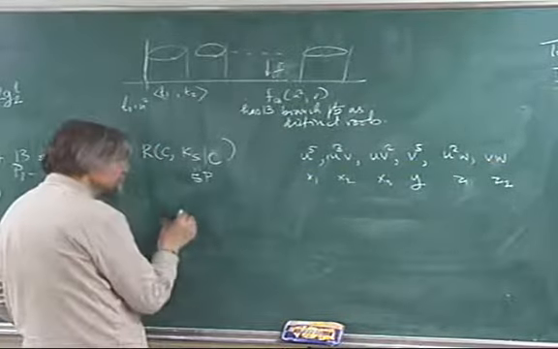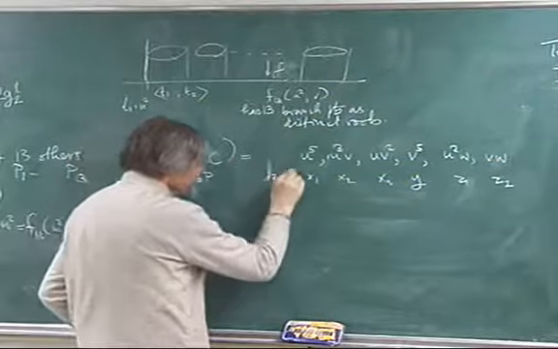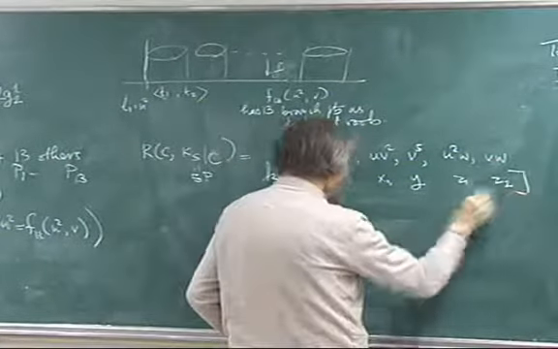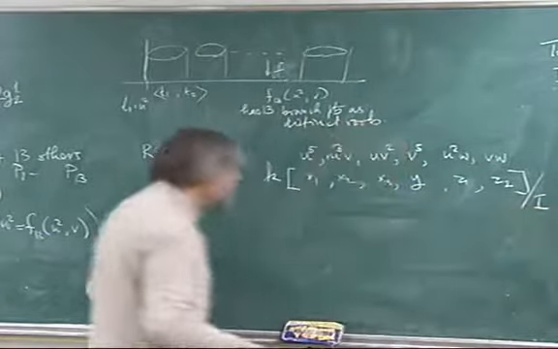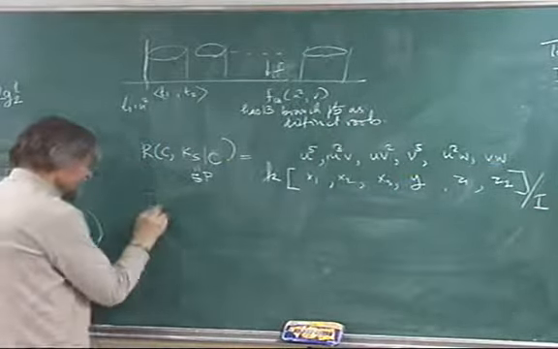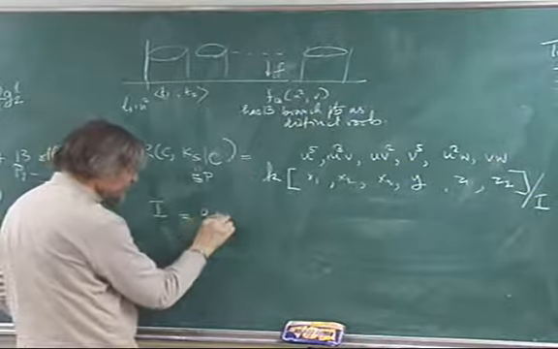So I say the ring is a polynomial ring with these generators divided by an ideal, and the ideal has 9 generators.